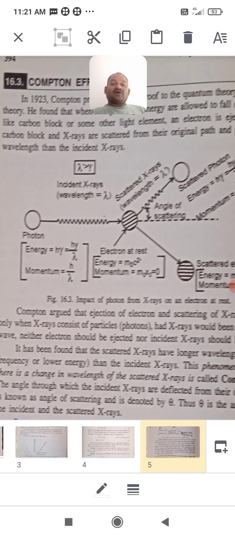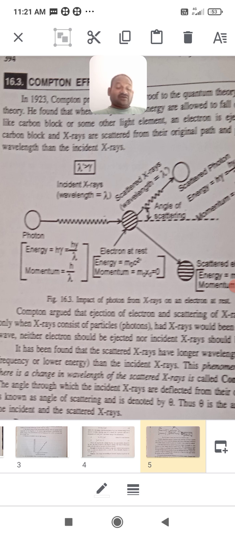Next one is the Compton effect. What is the mathematical equation for the Compton effect? d lambda is equal to 2 lambda by mc sine square theta by 2. That is the mathematical equation for the Compton effect.